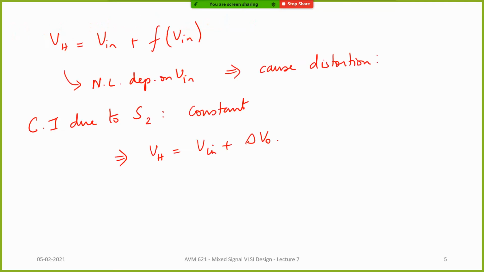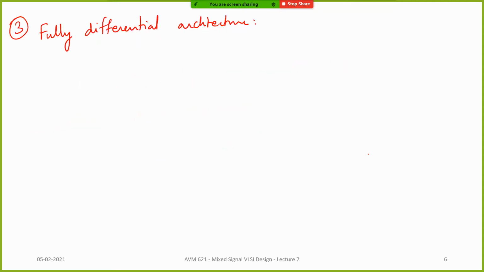Now there is a third method, which is a very powerful method, and this is probably used in almost all data converters, if not all. That is using a fully differential architecture. So instead of saying that I will sample only Vin, you mostly try to take Vin plus and Vin minus.